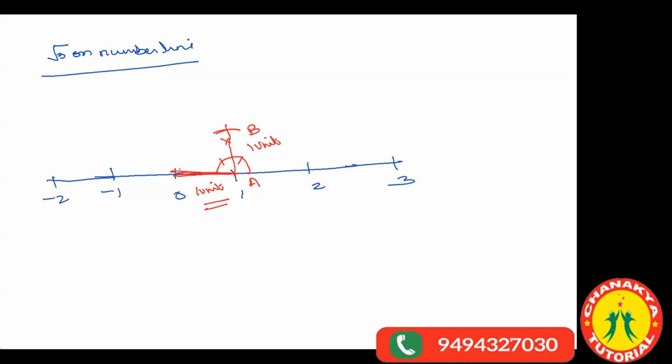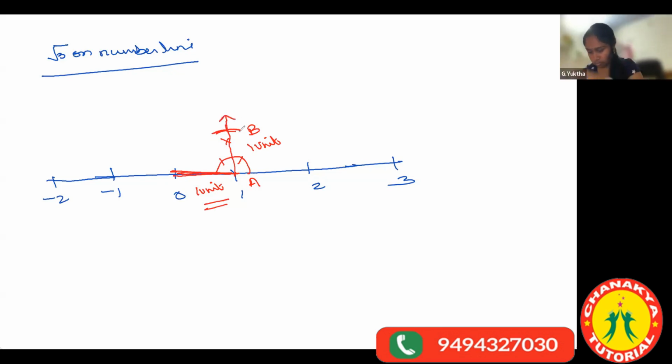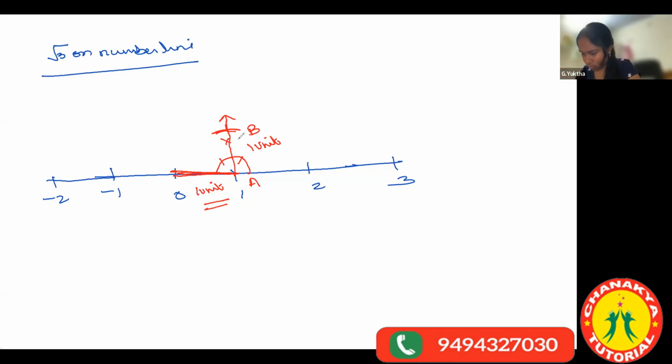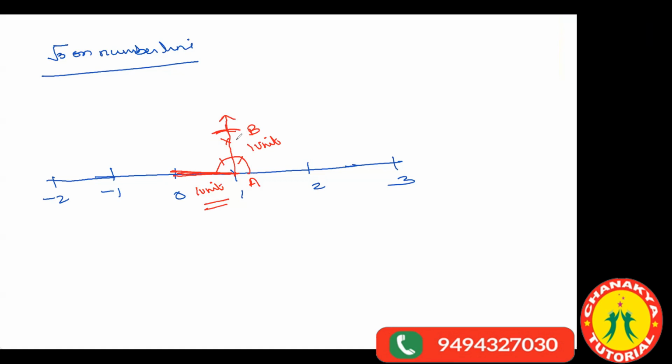Now, take OA radius in your compass. Put your compass at A point and draw an arc over here, over this line. And where this arc intersects the line, just mark this point as B. All have made, children? Yes, ma'am.